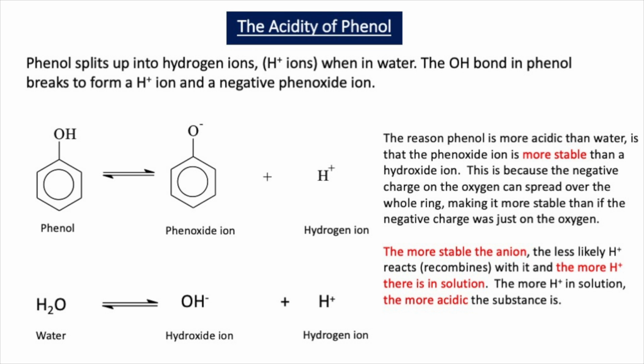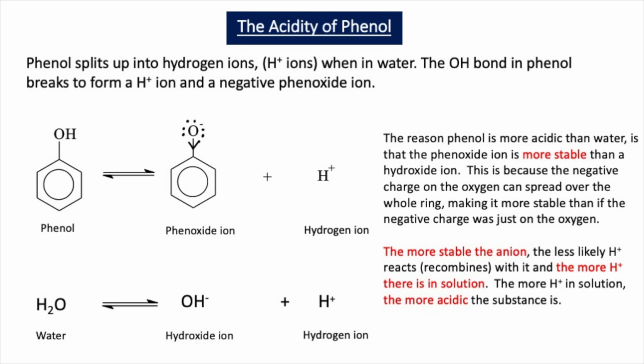Now the reason phenol is more acidic than water is because the phenoxide ion is more stable than the hydroxide ion. Now the reason the phenoxide ion is more stable than the hydroxide ion is that the negative charge can spread over the benzene ring, making the ion more stable, less likely for the H+ to attack it, so there's more H+ ions in solution, so therefore it's more acidic than water.